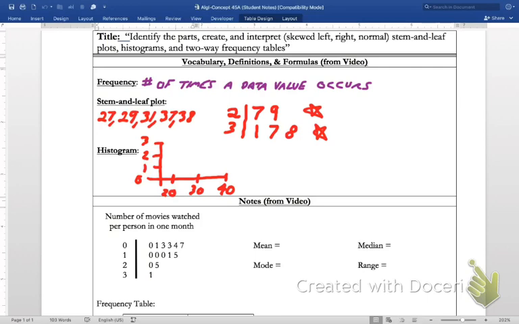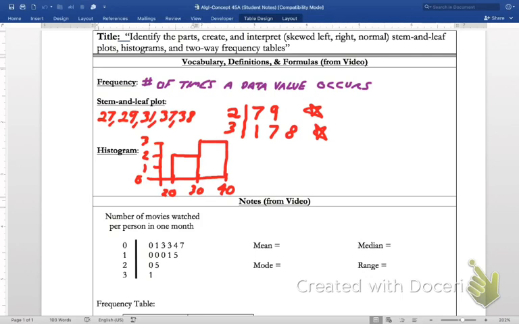But we have 2 numbers in the 20s. So what I'm going to do is I'm going to make a bar that goes up to a frequency of 2 and goes from 20 over to 30. That bar means that I have two values between 20 up to 30, but not including 30. And then I'm going to make a bar for 3, or a frequency of 3.